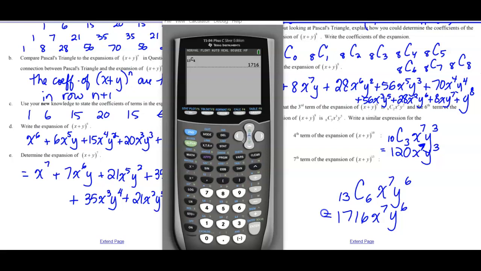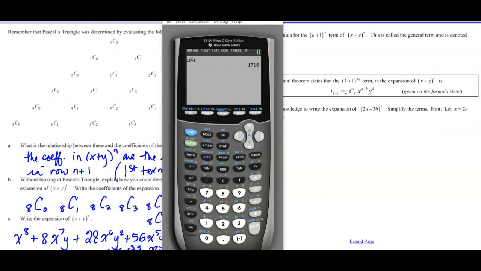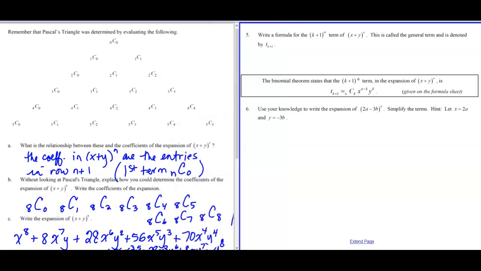All right, so now we're going to come up with the very last formula on your formula sheet. So we're almost done the course. So the last formula on your formula sheet is what we're coming up with right now.